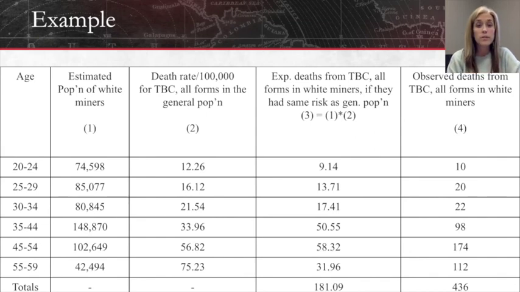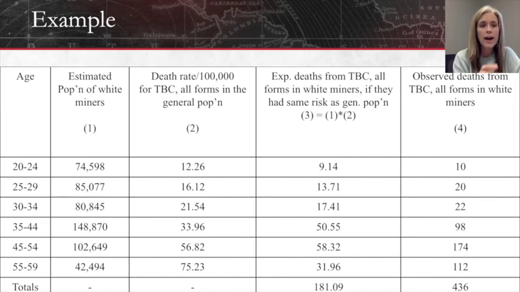So ultimately what we do is we have our estimated numbers of Caucasian miners in each age group, okay? And then we get the death rate for tuberculosis from the general population. So you can see there's that slight difference. Instead of getting the rate from our study population, like in direct standardization, we're getting our rate from the general or the standard population, okay?